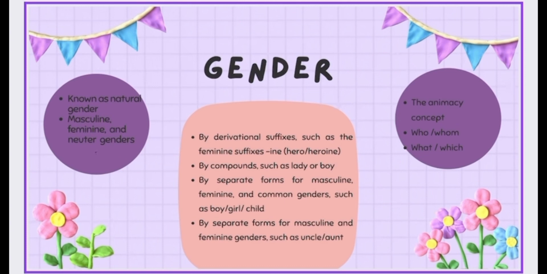These means of indicating gender are not systematic and they often involve derivations from masculine forms to feminine forms. Additionally, masculine forms typically serve as common gender forms in many cases.